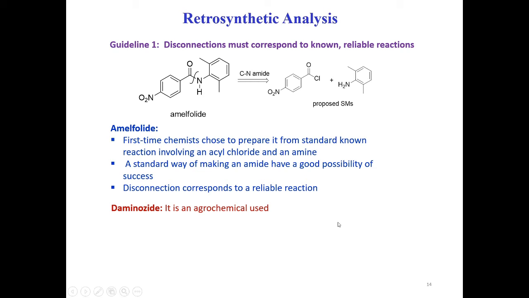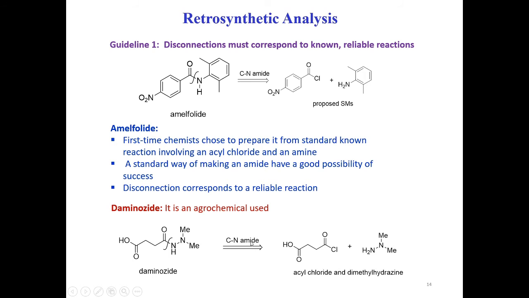Then diaminoxide. This target molecule has an amide bond in its structure. It is used as an agrochemical. When you disconnect the C-N amide bond, you get the acid chloride and dimethyl hydrazine.